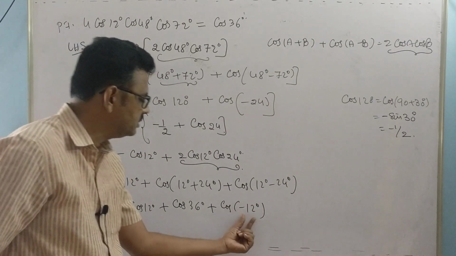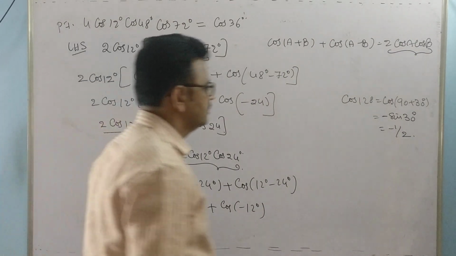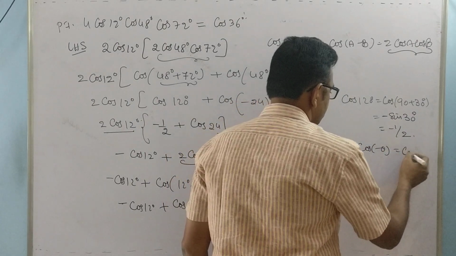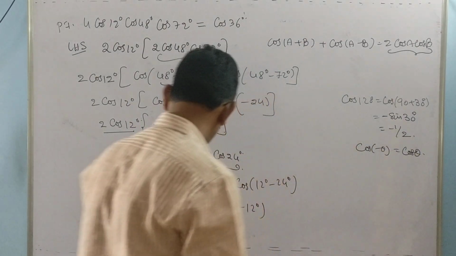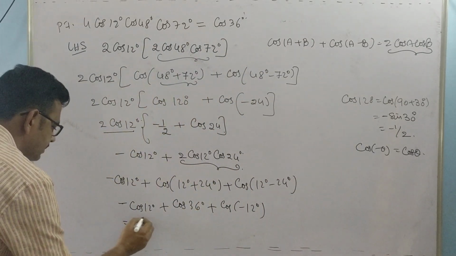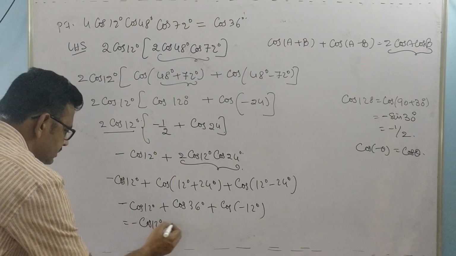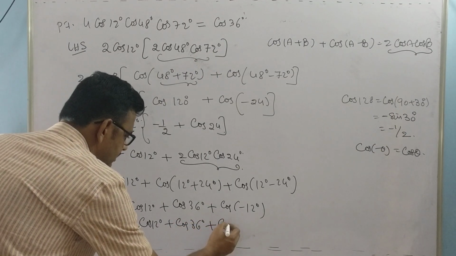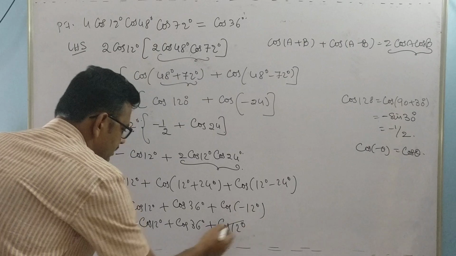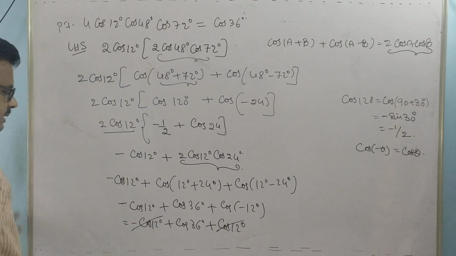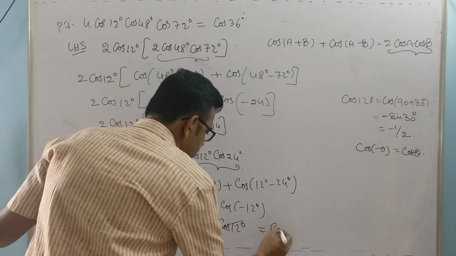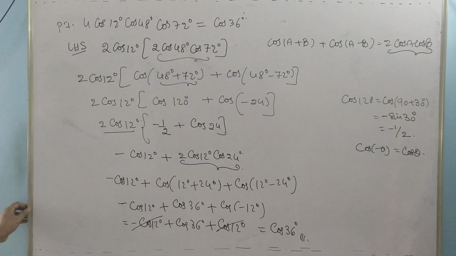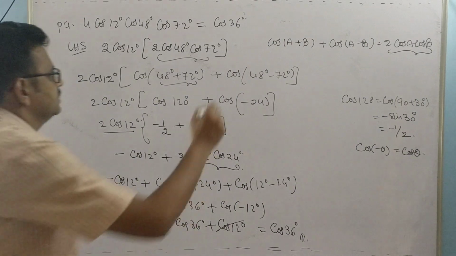You know that cos of minus theta is equal to cos theta. So this is equal to minus cos 12 degrees plus cos 36 degrees plus cos 12 degrees. Cos 12 minus cos 12 gets cancelled. That is equal to cos of 36 degrees. Okay, this is the result.